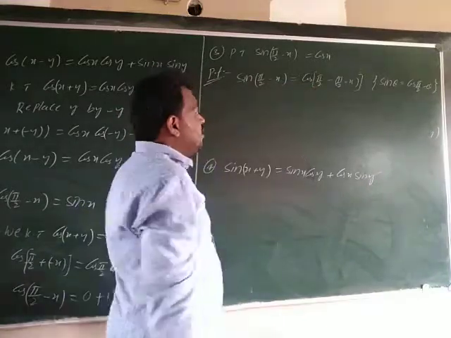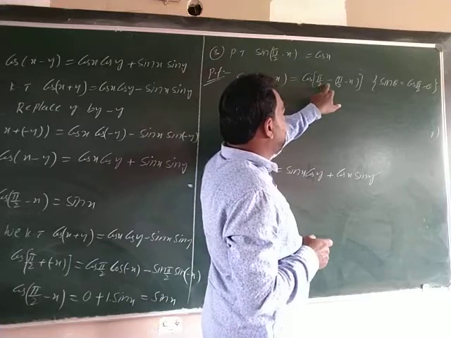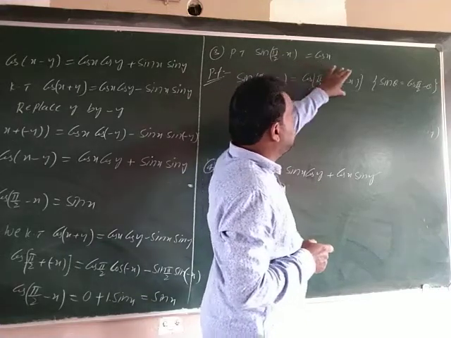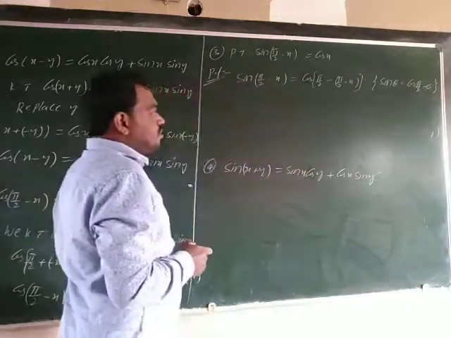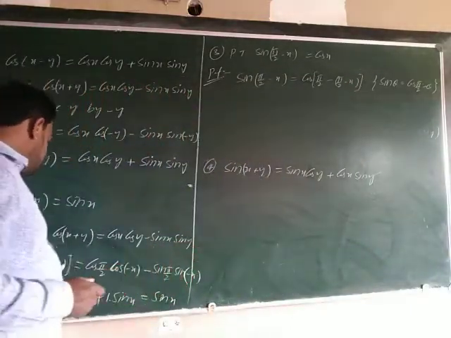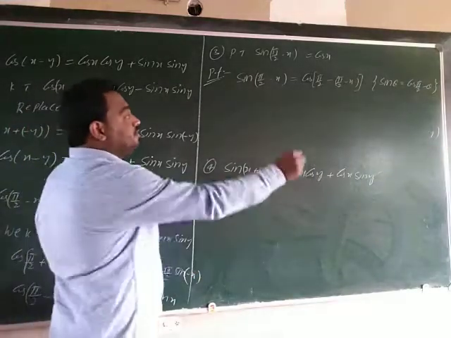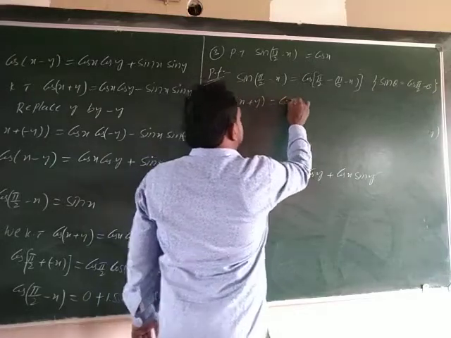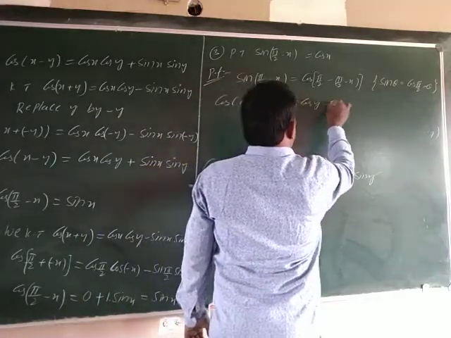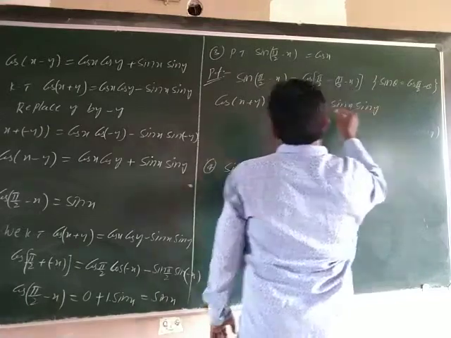Right? Now you see, it is in the form of cos of pi by 2 minus of pi by 2 minus x. Just use the same formula, cos of x plus y is equal to cos x cos y minus sin x sin y, we know that.